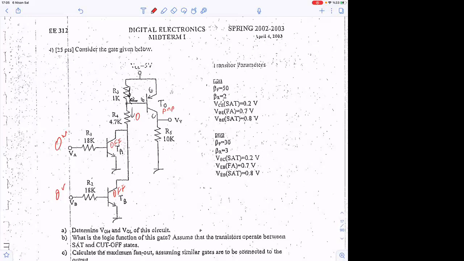Okay. The PNP transistor is a little bit confusing for us, but nothing is actually different for PNP. There is this junction and then this junction, okay? Sorry, that junction is reversed.